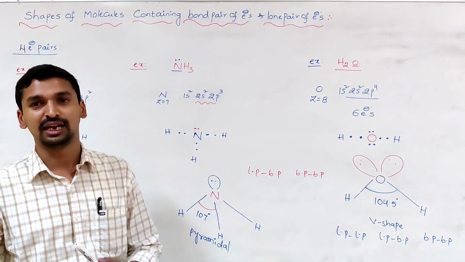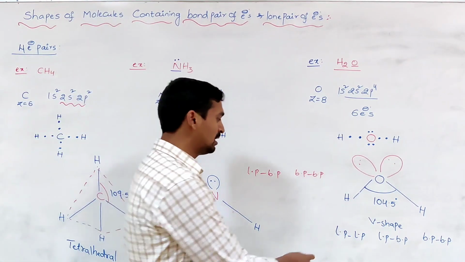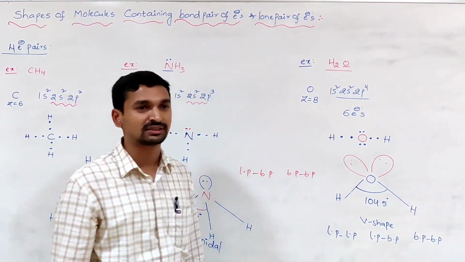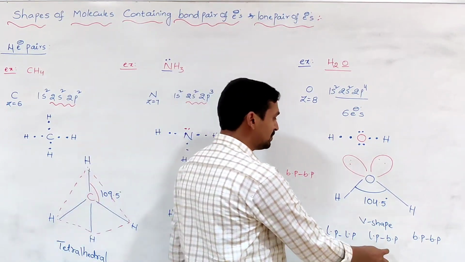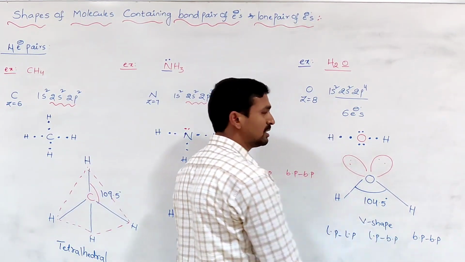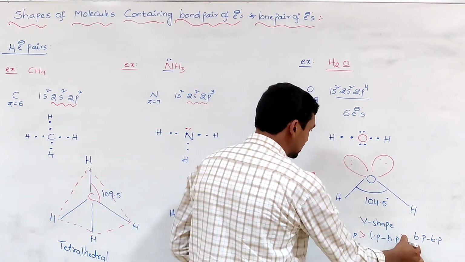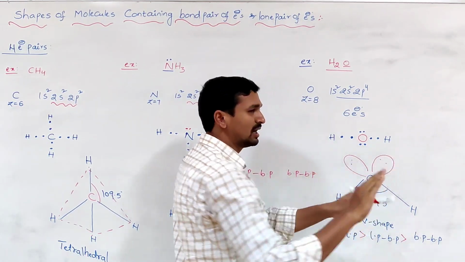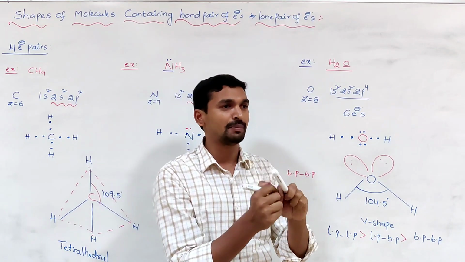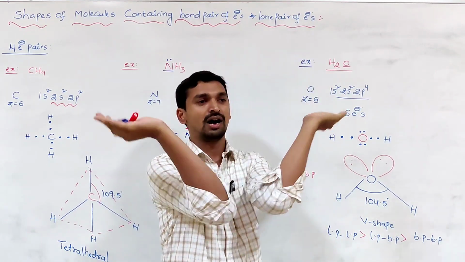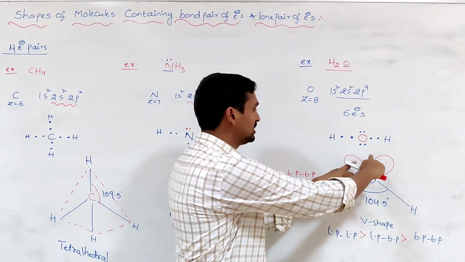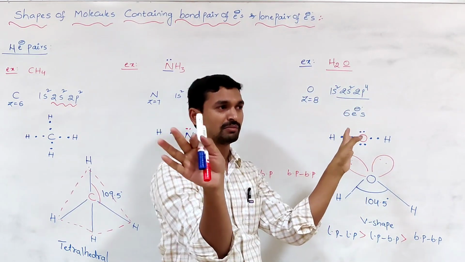According to valence shell electron pair repulsion theory, lone pair repulsions are stronger than those of bond pairs. So when the lone pair repulsions are stronger, the lone pairs try to stay away from each other.